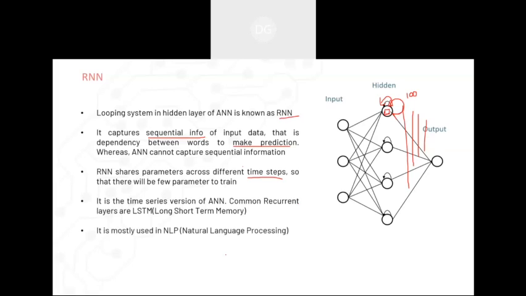This is mostly used for natural language processing, as I told. You can use it for voice also, if you are training an AI model. Based on text or voice, you can detect the sentiment of a person, or detect whether it is a spam mail or a normal mail.